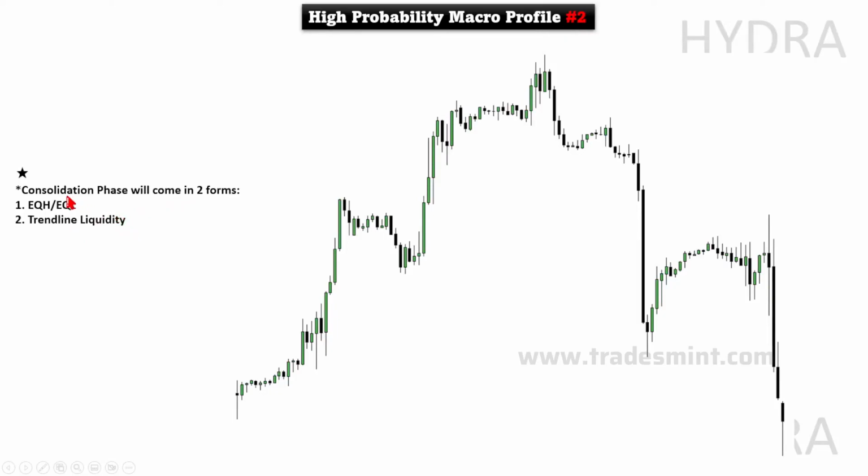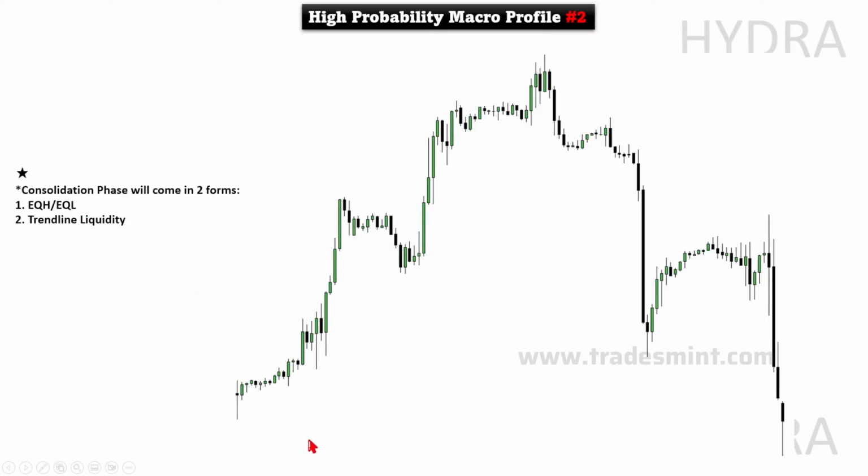That's the only two forms that original consolidation can take. Other than this, there's nothing else, folks. Either price will deliver with speed here, near to the old original consolidation, but there's only two forms price can take in original consolidation: relative equal high and low, trend line liquidity.